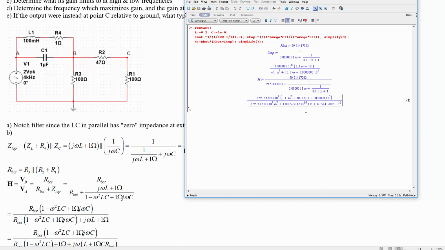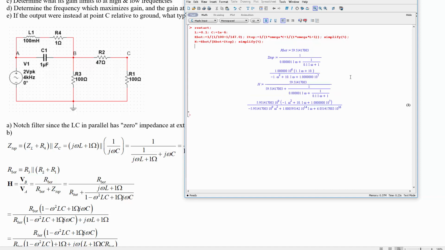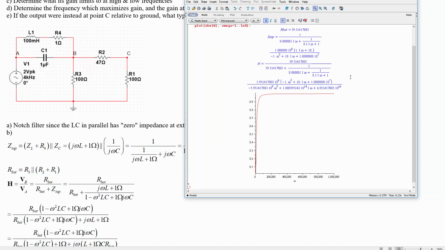Negative omega squared and some constants, and then an imaginary part times omega. Okay, now we can look for what this is limiting to in terms of magnitude and phase. Let's plot the abs of H from omega equal to, let's say, 1 to 1e6, just to start exploring around.